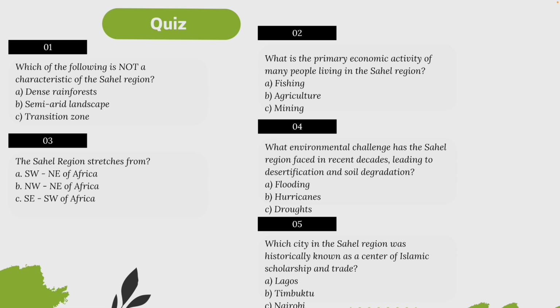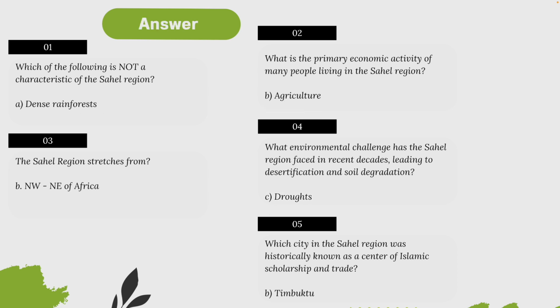C. Droughts. Question number 5. Which city in the Sahel region was historically known as a center of Islamic scholarship and trade? A. Lagos. B. Timbuktu. C. Nairobi. So the answers are A, B, B, C, B.